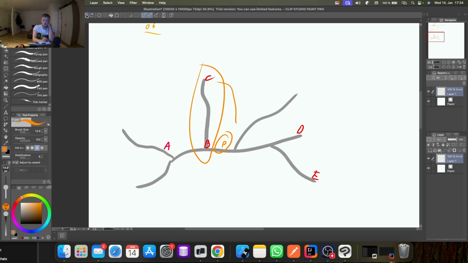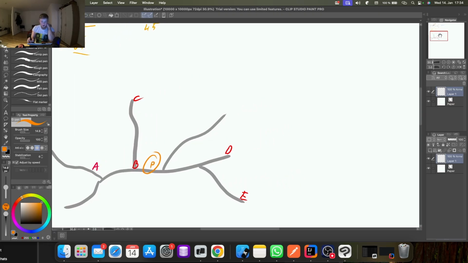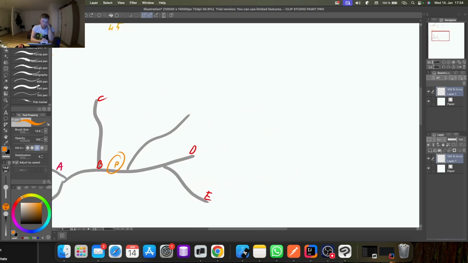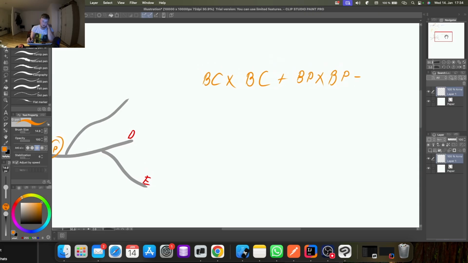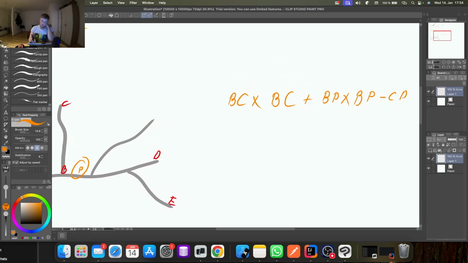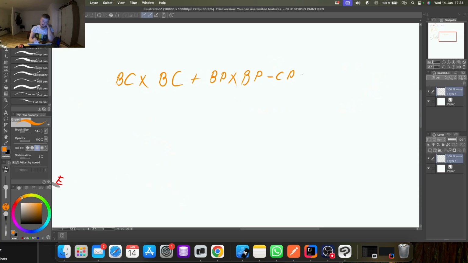To do that, we have to do some calculation, which is, we have to do one time BC multiplied by BC plus BP multiplied, not BP, BP multiplied by BP, of course, minus CP multiplied by CP.